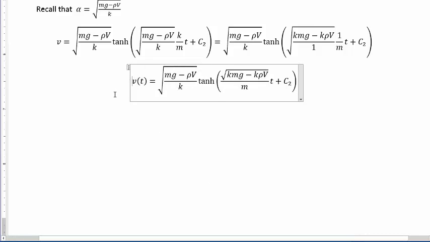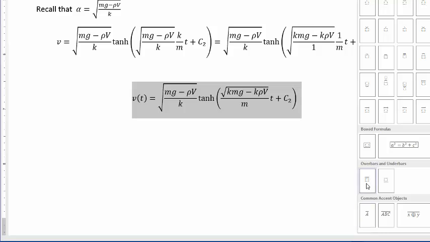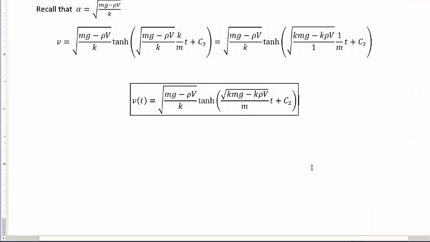So this is our final answer. Except for they call this C, this is how the solution looks in the book. And this is how we got it. All right, hope that helps.